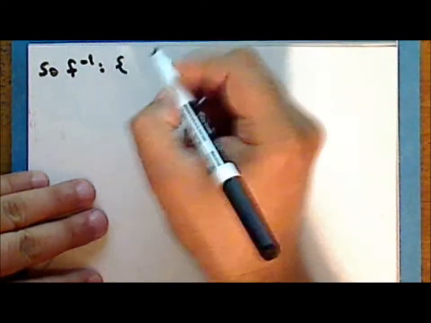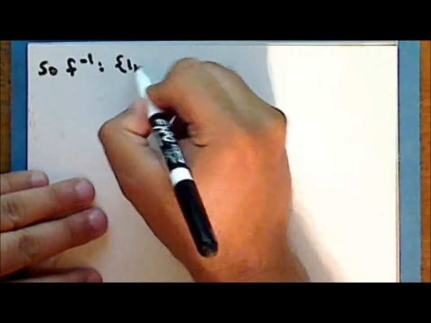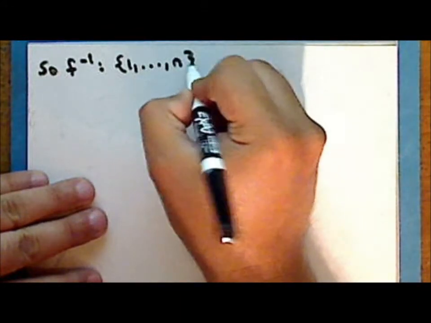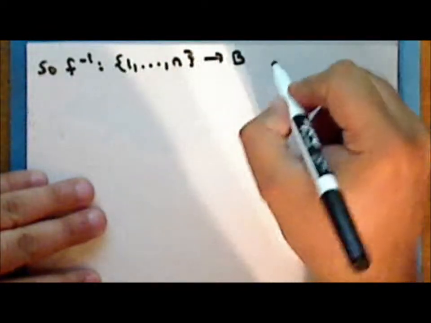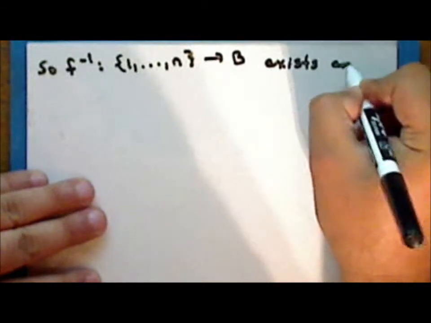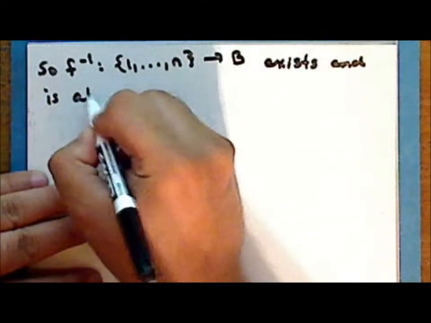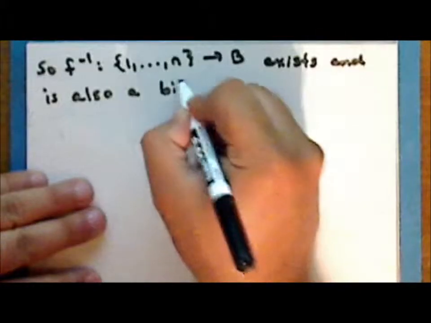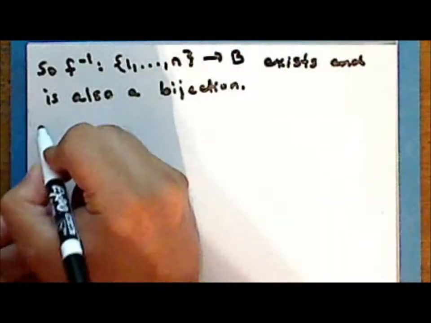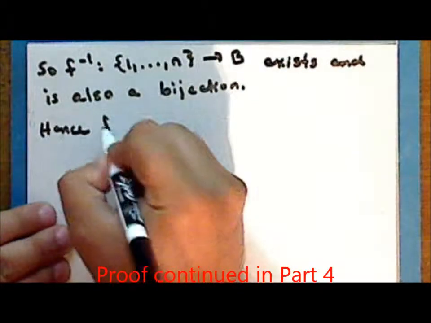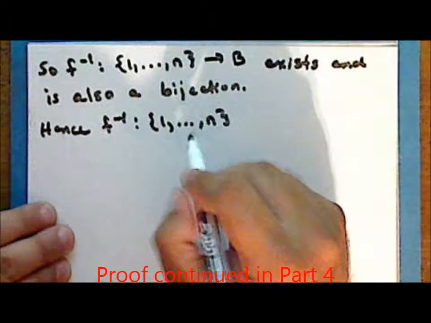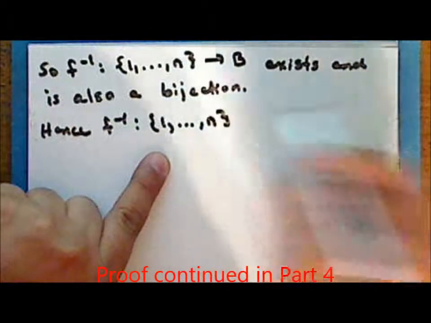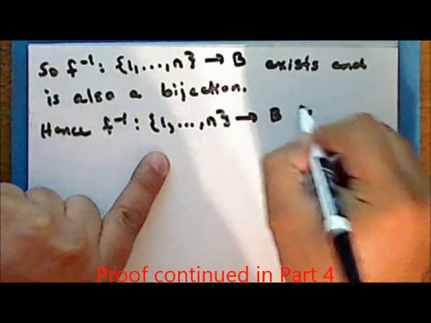And so the inverse function, which is a map from the finite subset of consecutive positive integers from 1 to n into the set B, exists and is also a bijection. And hence the function F inverse, which once again is a map from the finite subset of consecutive positive integers from 1 to n into the set B, is a surjection.